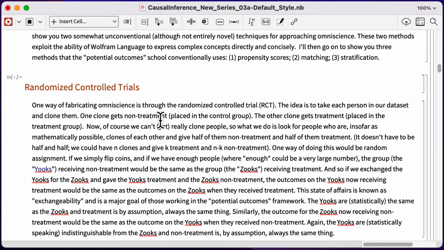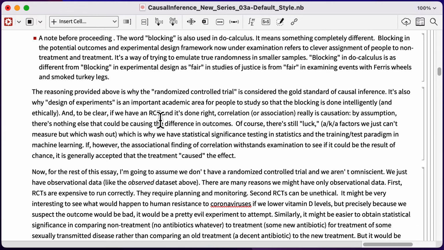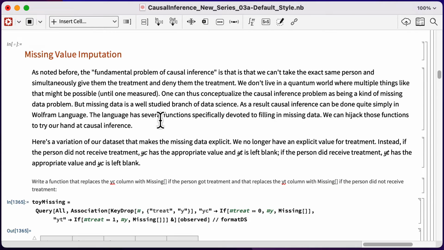That is not a very nice experiment. So what we have to be able to do is to figure out how to basically restore omniscience without the benefit of a randomized controlled trial.